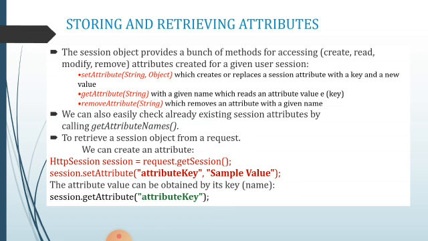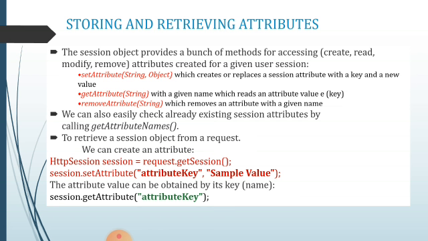Okay, these are the three methods used: set, get, and then remove. Here it can also easily check already existing session attributes: if the session attribute already exists, through the getAttributeNames method it will check the session attributes.